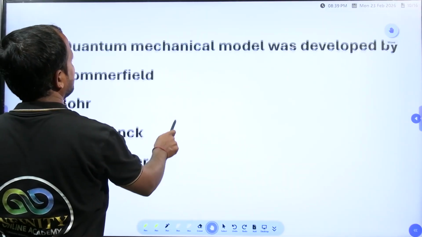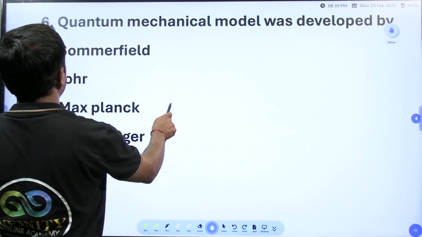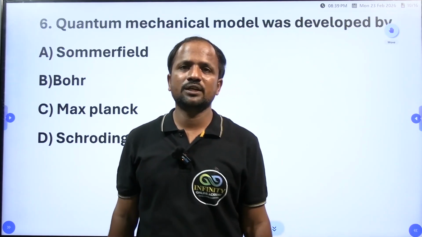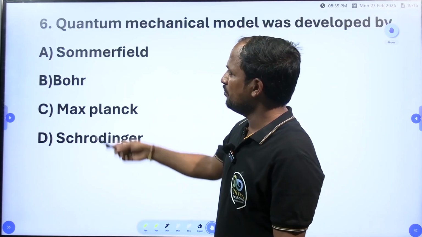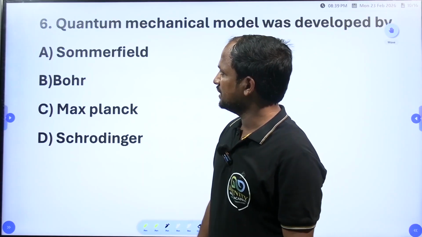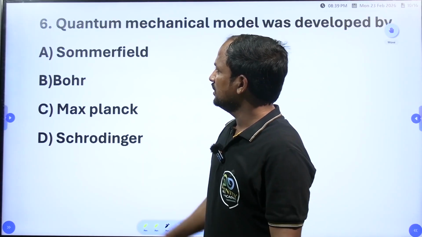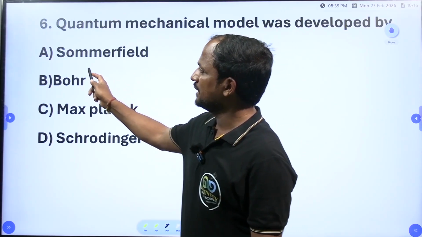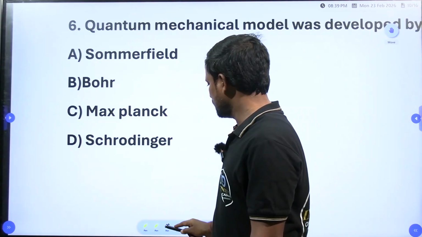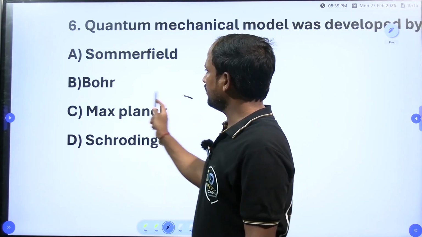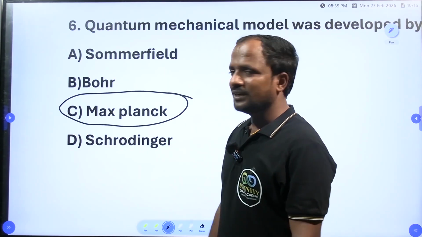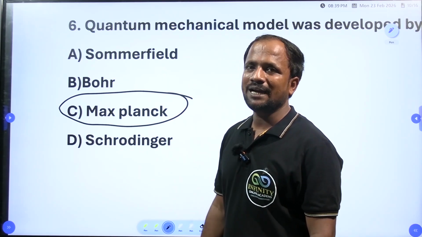Next question. Who developed the quantum mechanical model? Bohr gave a structure of an atom, but the complete quantum mechanical model was developed by Max Planck, Ernst Karl Ludwig Max Planck.